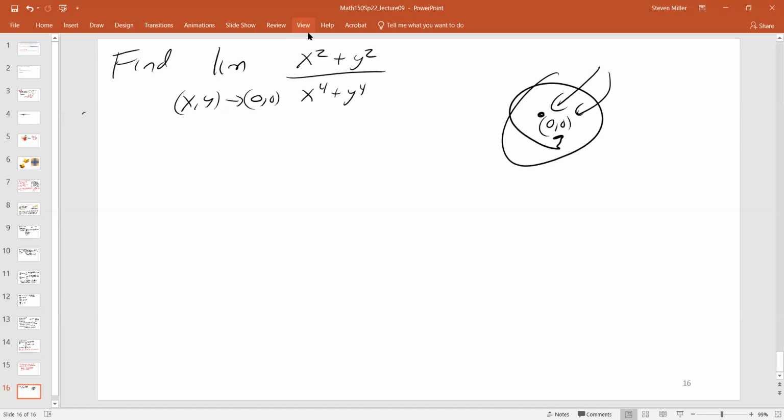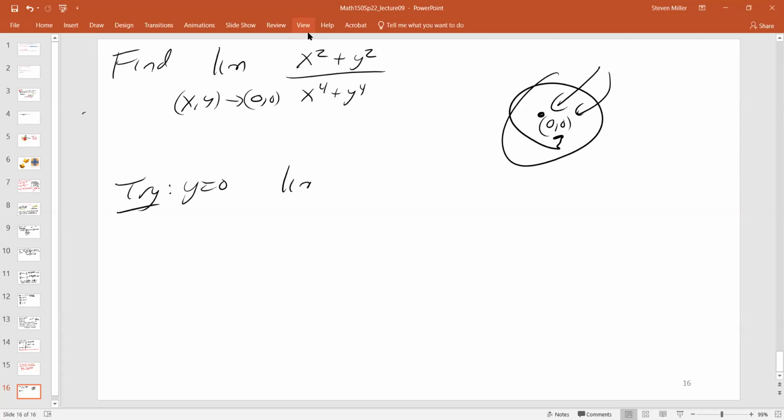However, if you want to prove the limit doesn't exist, how can you do that? Find any two paths that give different answers. So can somebody give me one path that I could try checking? What's a good path to take? Good, take the x-axis, so try y equals 0.